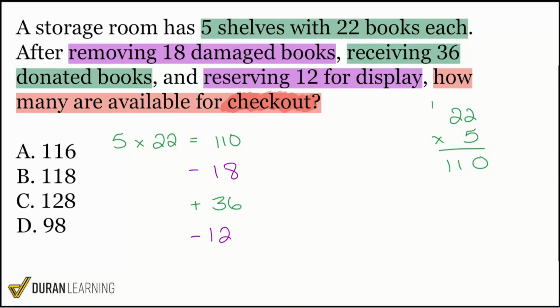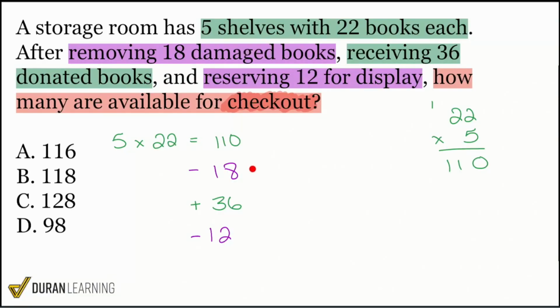When we consider the calculation we're about to do, we can make our life a little easier. We don't have to go 110 minus 18, 92, then plus 36 to get 128, then minus 12 to get down to 116. If we can't expect ourselves to do that mental math very quickly, then do this: bring your subtractions together.